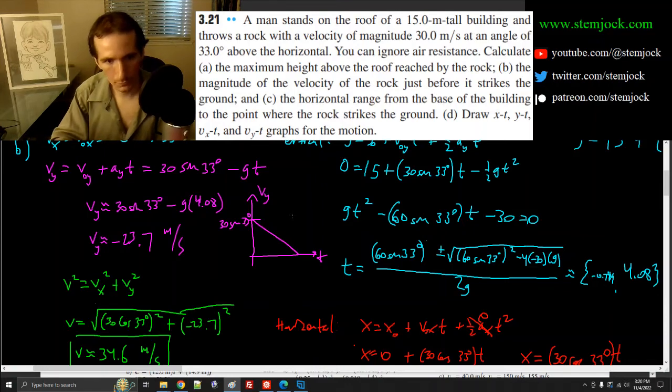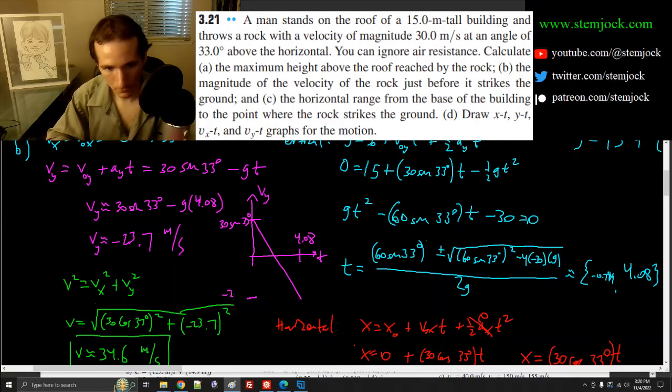Oh, I see. So t ends up at 4.08. So the maximum value is here, and it's going to go like this and have a final value of negative 23.7 if we draw it all the way down.